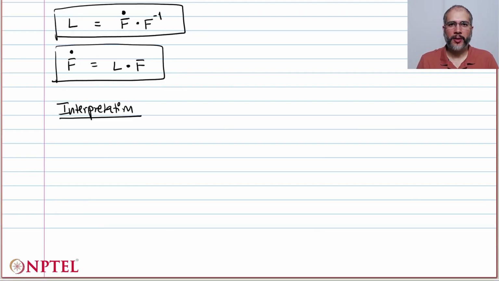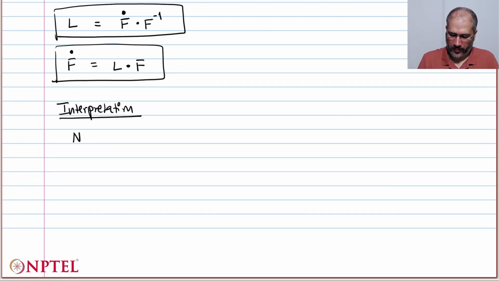Now again for discussion, I'll be using material coordinates, but as I said, in fluids material coordinates are not that important. So it's only for the discussion that we start using the coordinates, but eventually they will not be of any use in the result.